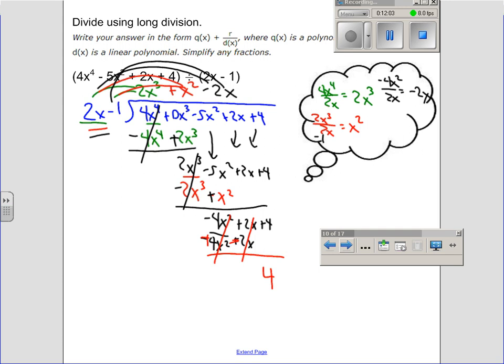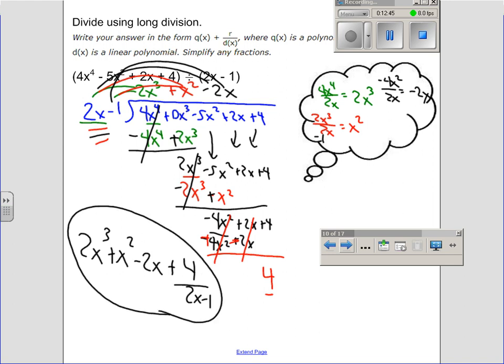Because I can't do 4 divided by 2x without getting, we always want to do this part divided by this. So 4 divided by 2x, I'm going to get an x in the denominator, which we don't want. So 4 is just our remainder. So our final answer would be 2x cubed plus x squared minus 2x plus 4 over 2x minus 1.